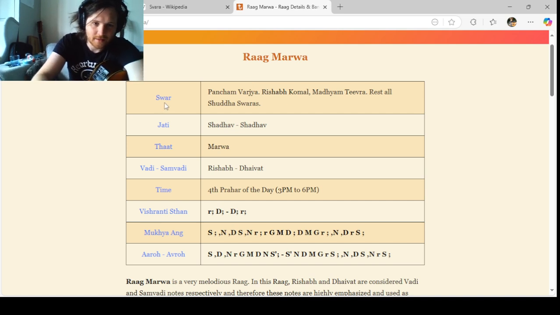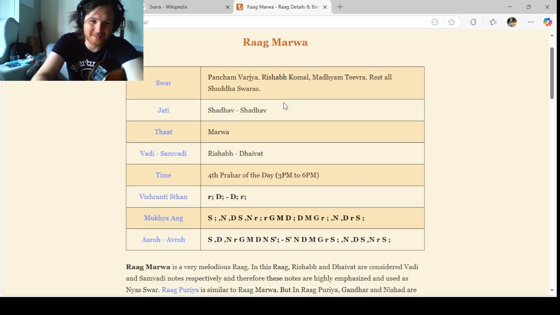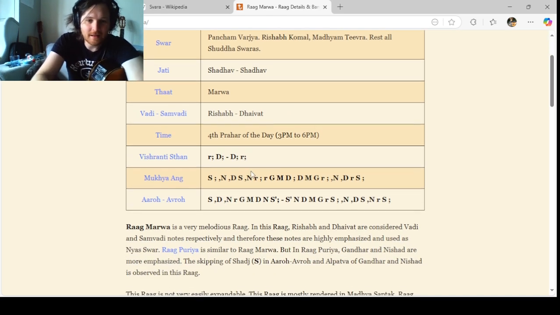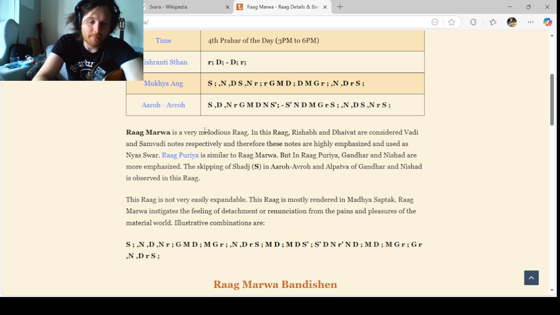Swar, which is another word. And then lots of other words. Now, understanding that is quite difficult. Apparently it's a very melodious rag. Rishabh and Daivat are considered Vadi and Samvadi notes respectively, and therefore these notes are highly emphasized.